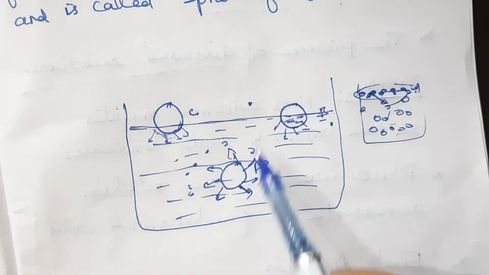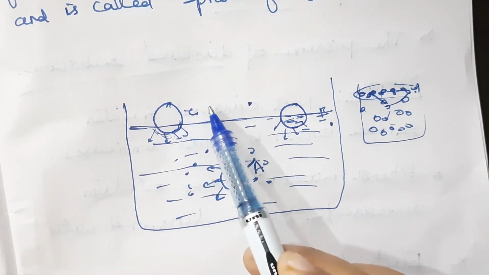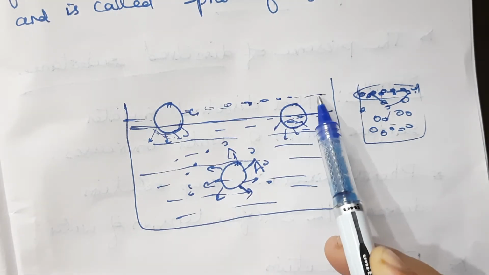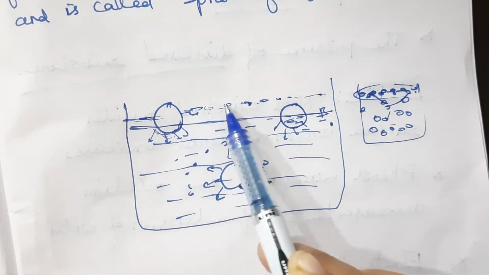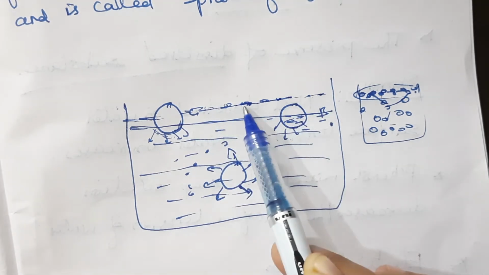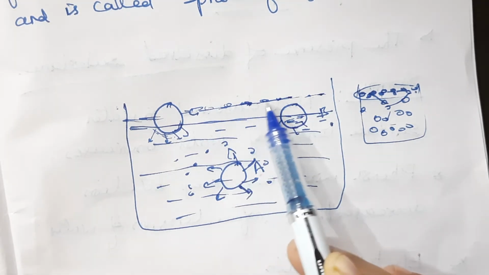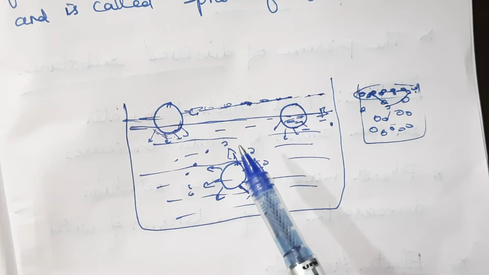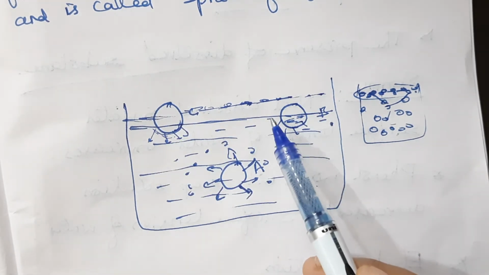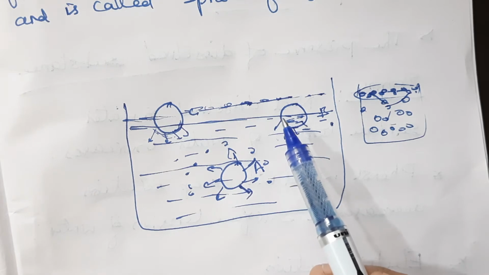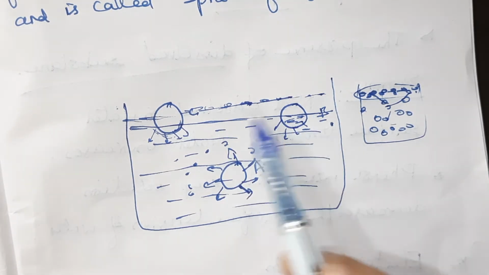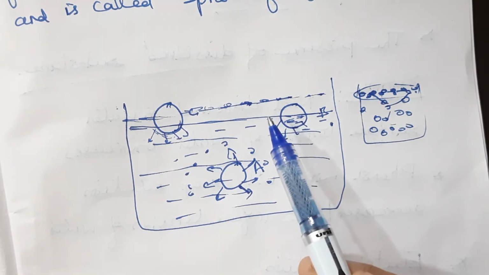So everything will be attracted downward, but the molecules on the surface will have a bond, an attractive force along the surface. That means it is trying to contract the area, so it will be stable on that surface. That is known as surface tension. It has a particular energy to hold on this part, that is known as surface energy.